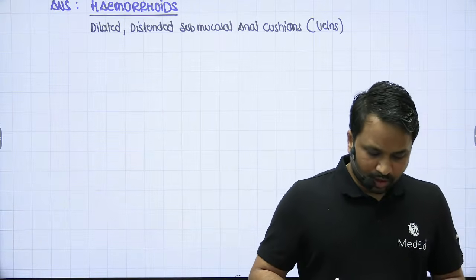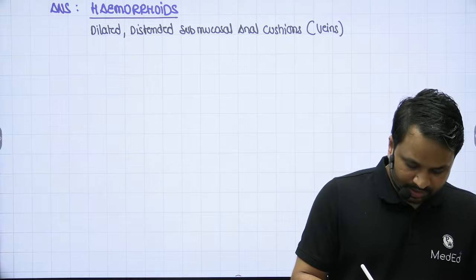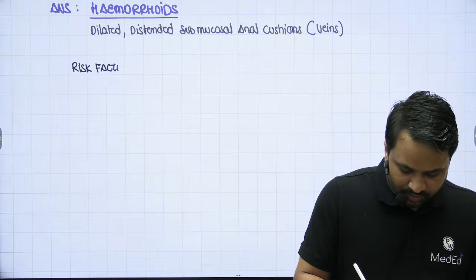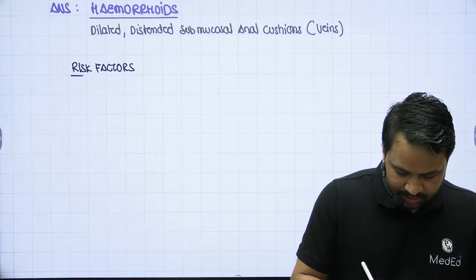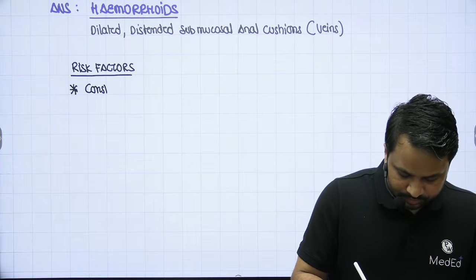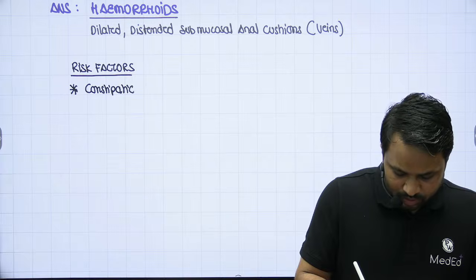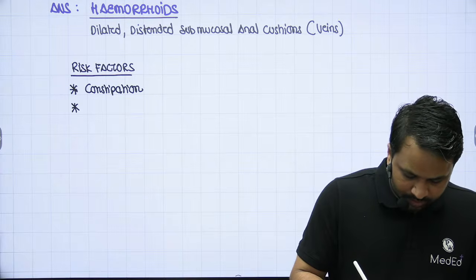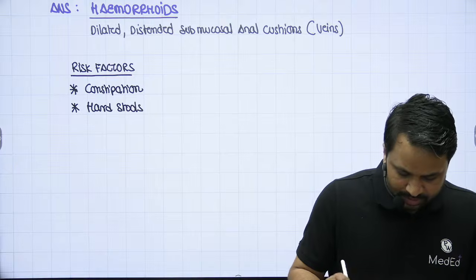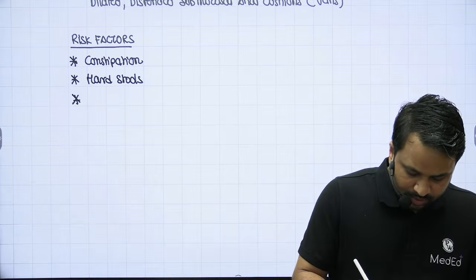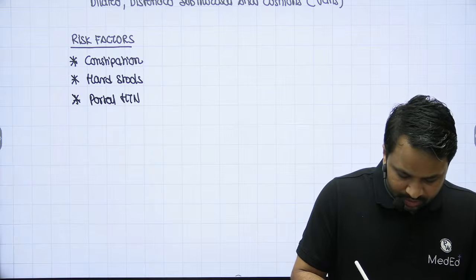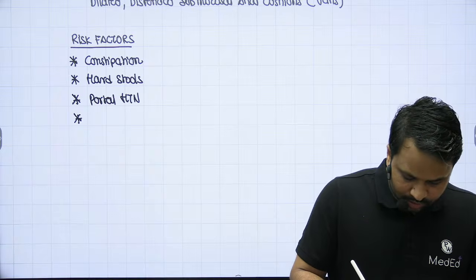Now, when you talk about hemorrhoids, what are the risk factors? One of the major risk factors for hemorrhoids is constipation, secondary to passing hard stools. It can also be seen secondary to portal hypertension, and it is seen in connective tissue disorders.